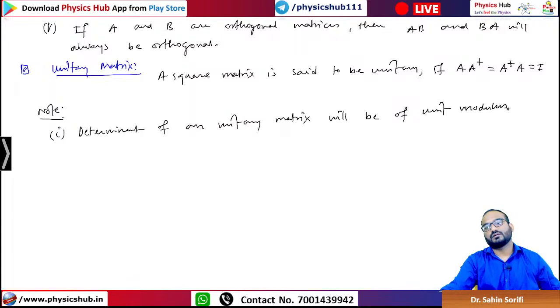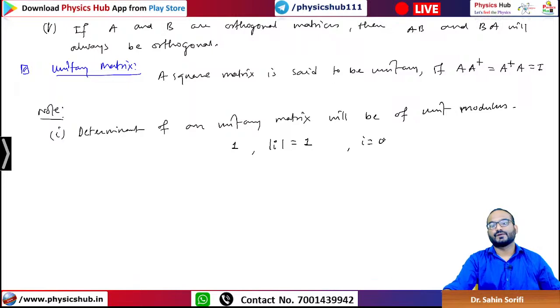Why did we not say unity? We are saying unit modulus because complex numbers will be there. Unit modulus means, let's say if you have 1, that is a unit modulus. If you have I, then again the modulus of I is 1, isn't it?